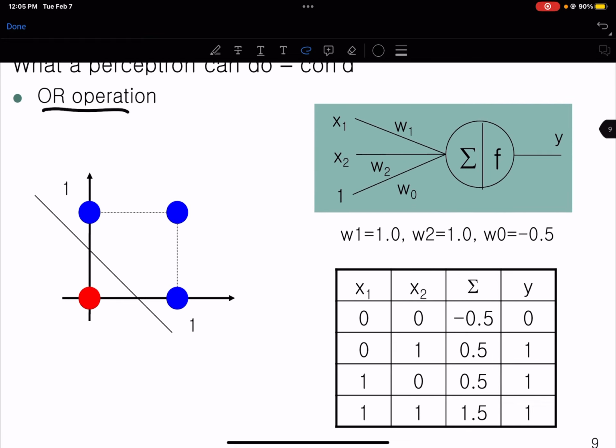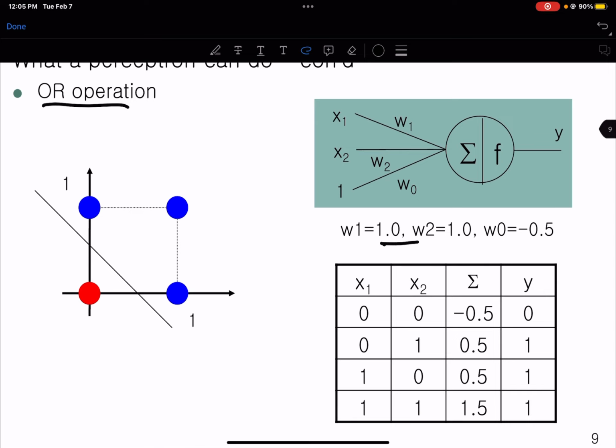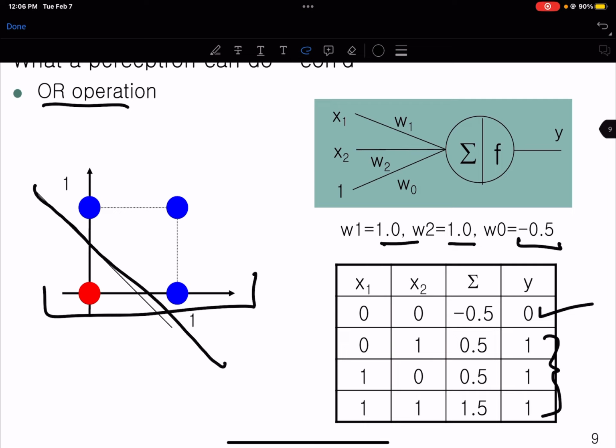Of course, we can also design the OR operation, where we set the weight values to 1, 1 and then 0.5, such that all the values give us 1 and only 0, 0 will give us 0. So this is how we design the OR operation, and this is our linear boundary that we have determined for this equation.